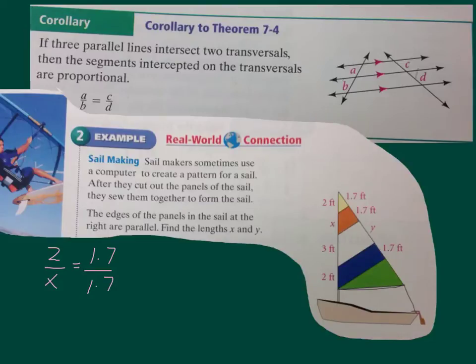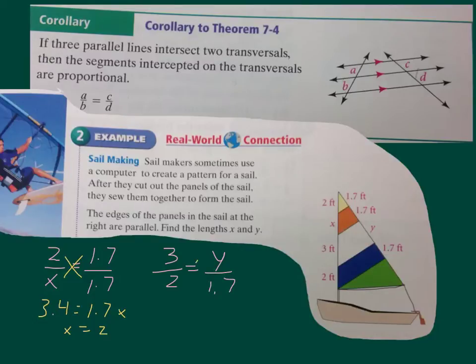So you do cross products. 2 times 1.7 is 3.4 equals 1.7x. Divide both sides by 1.7 and you get x to equal 2. Now, let's see if we can get y. 3 over 2 is going to equal y over 1.7.